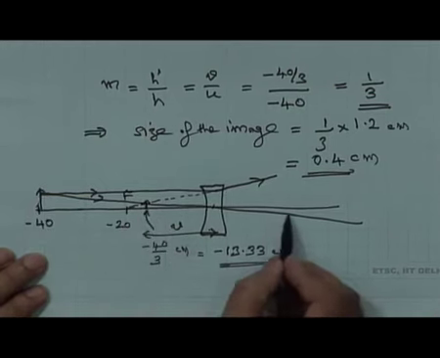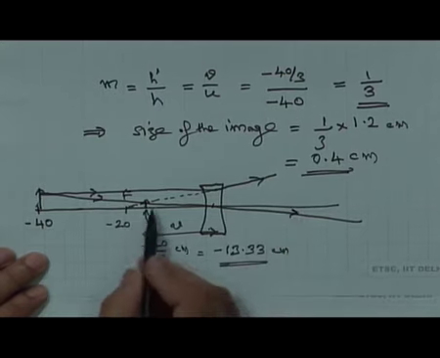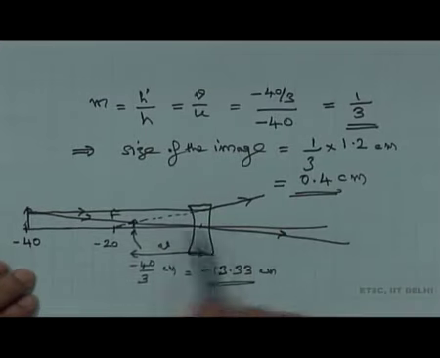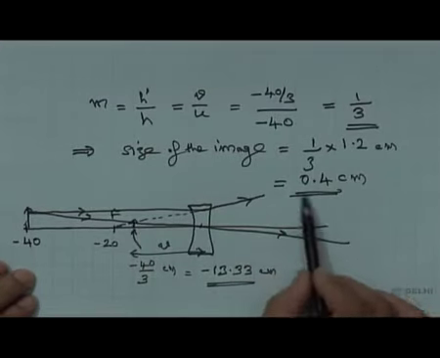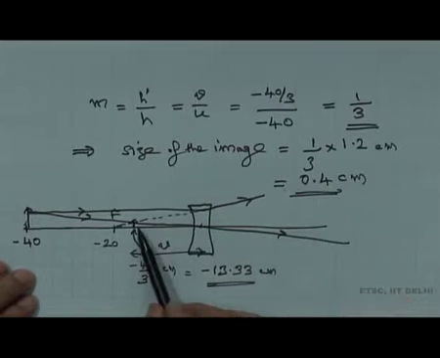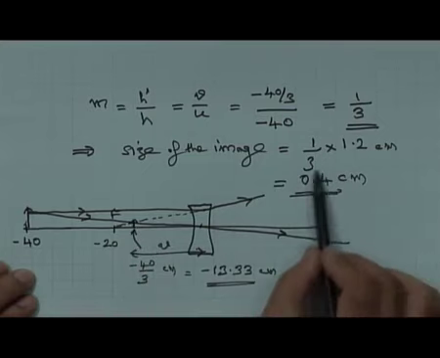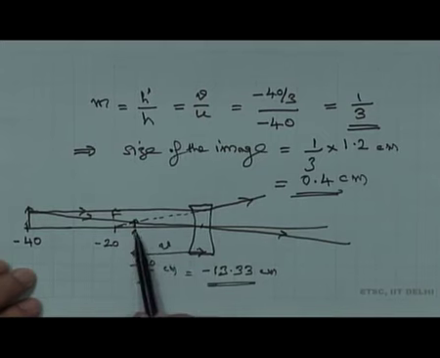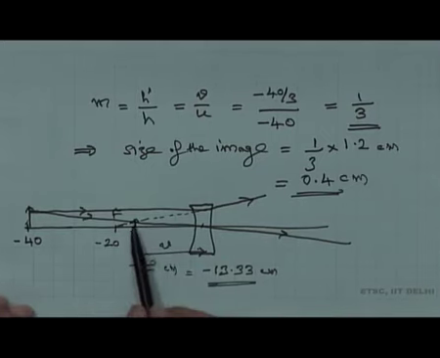If we draw with a scale, we can clearly see that our calculation is right: we are getting a smaller, demagnified image of size 0.4 centimeter, at an image distance V equal to minus 13.33 centimeter.